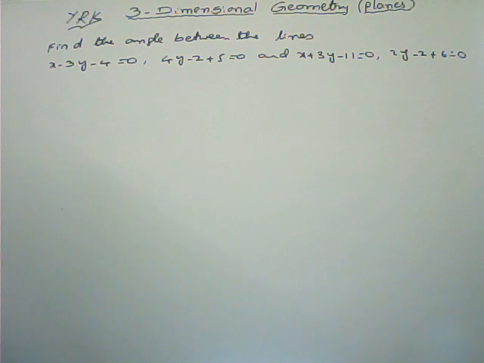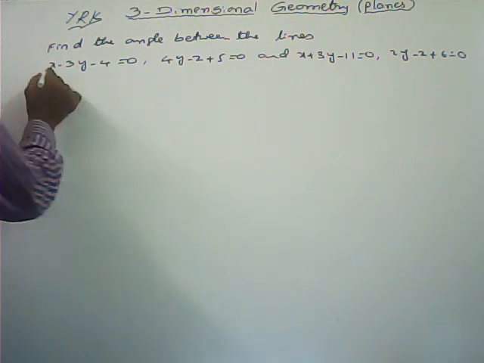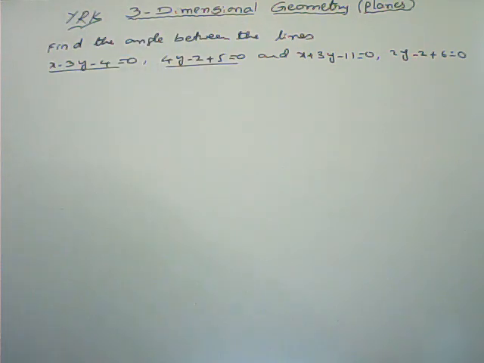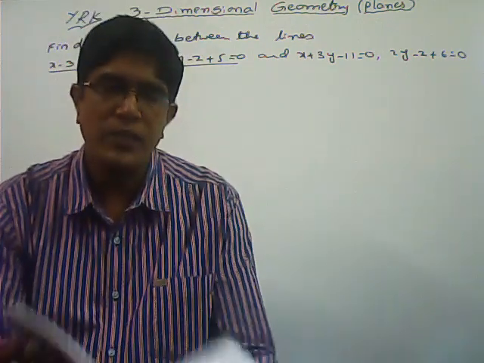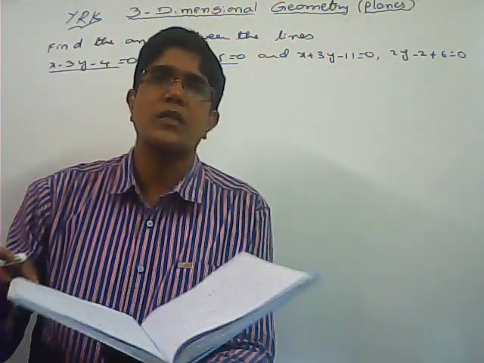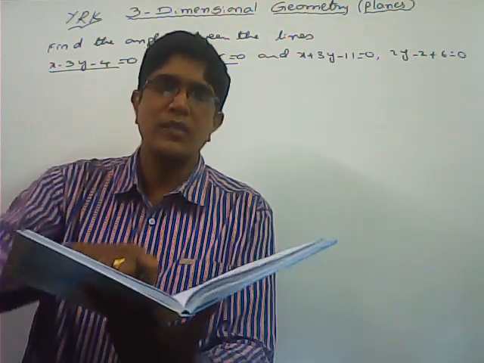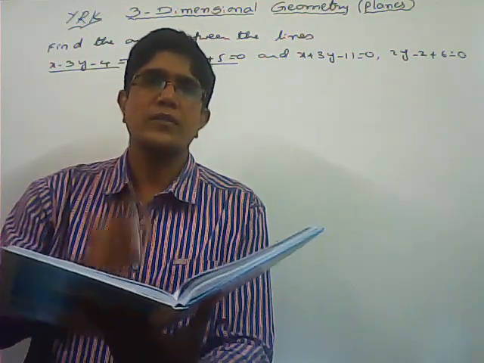Here they are asking to find the angle between the lines. See here, two plane equations are given. How do we get the line? By solving the two equations, we get the line of intersection. This is one plane, this is another plane, and that is the line of intersection.